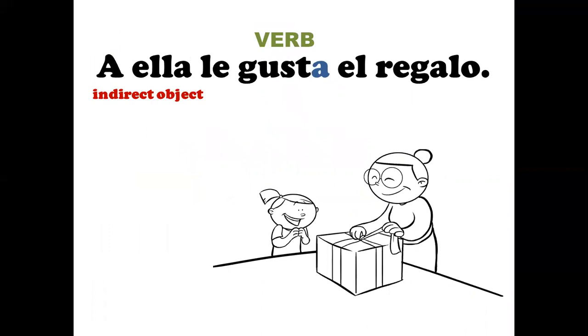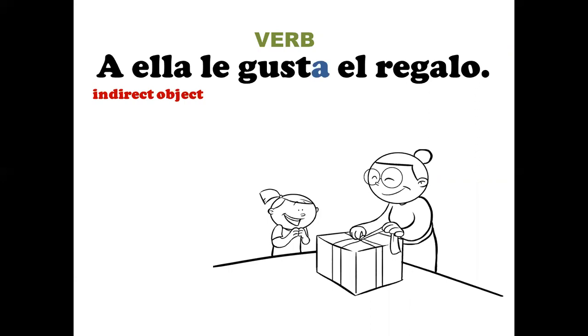But if you want to make it clear who, you say a, the person, and then the indirect object pronoun. So, for example, a ella le gusta el regalo. To her, basically, to her is pleasing the gift.